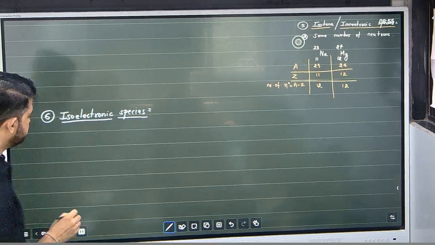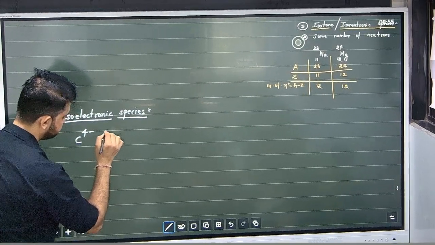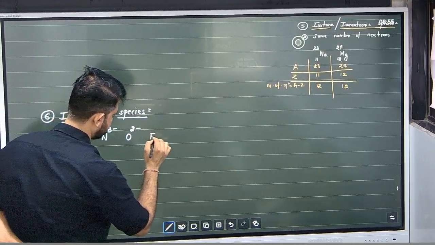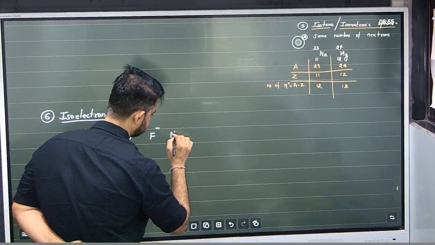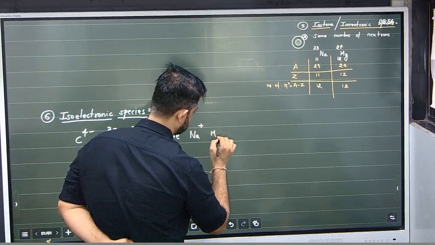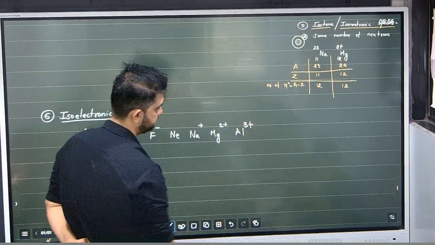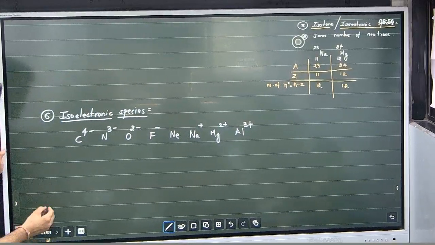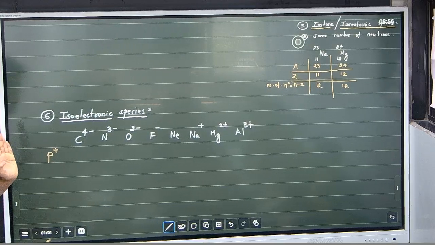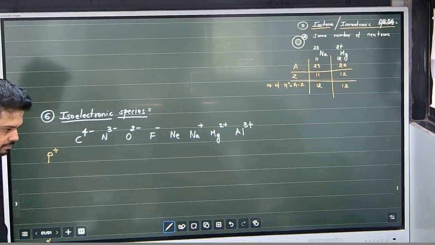Let's take an example. Can someone give me the number of protons over here? Or basically I'm just trying to ask their atomic number. So number of protons or atomic number in carbon, quickly.